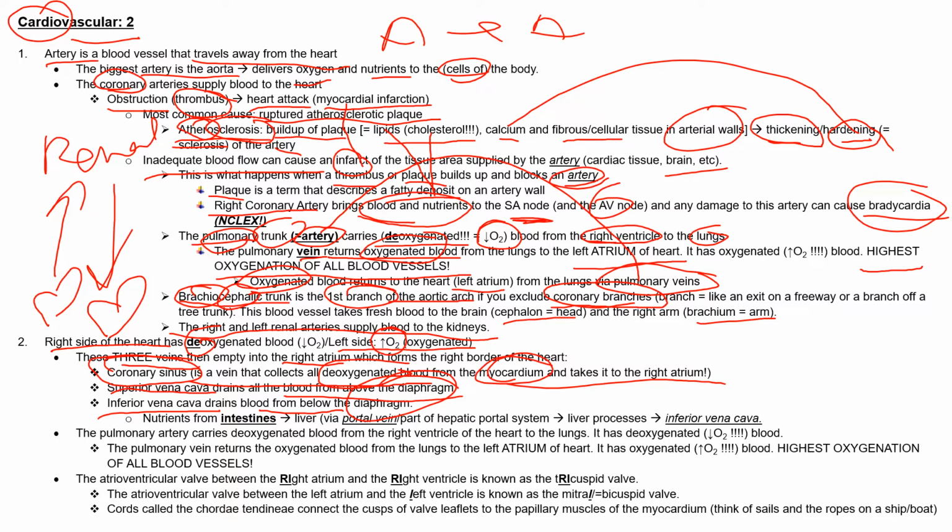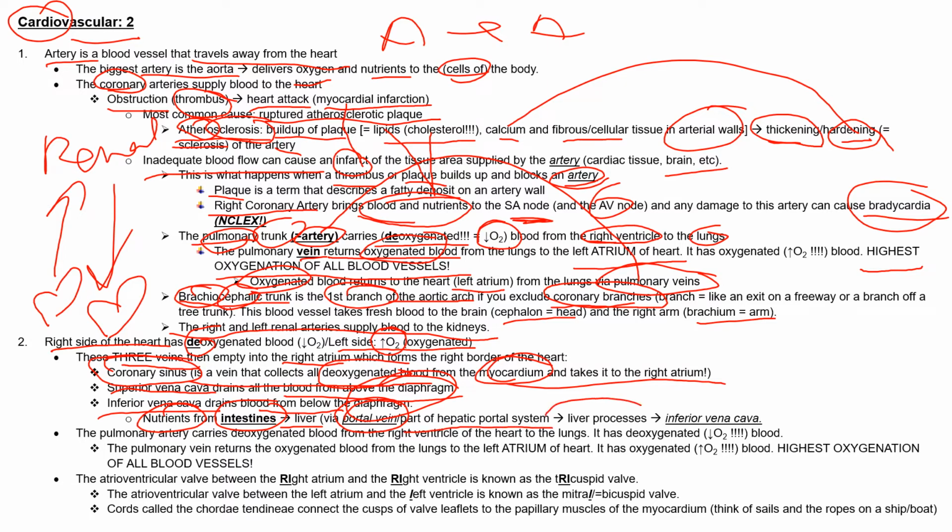Remember that there is a very special case where nutrients from the intestines, and I'm sure you've done it in your gastrointestinal anatomy classes, blood vessels coming from the liver join together and form a large vein called the hepatic portal vein, which is a part of the hepatic portal system.